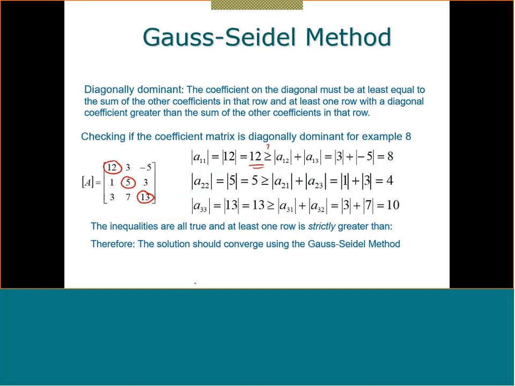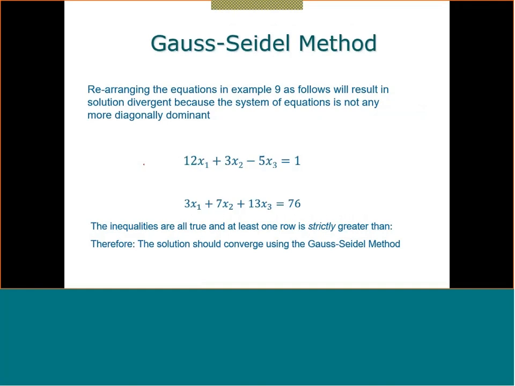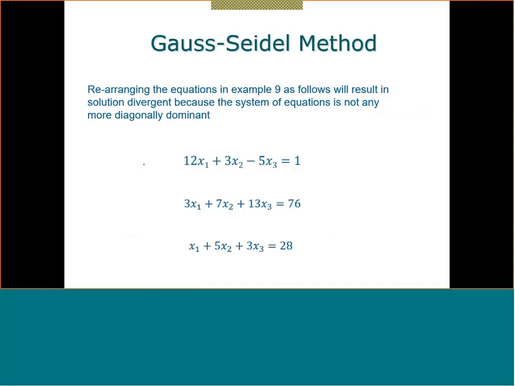Now what we did here, when we write the system as such, what happened? The matrix will become equal to 12, 3, minus 5, 3, 7, 13, 1, 5, and 3. So these are now the new diagonal elements.